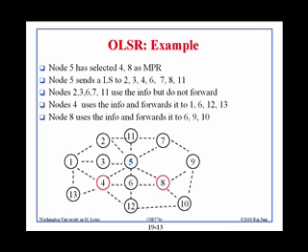What are the nodes which are 2-hop from 5? 9, 10, good. Keep going. 12, 13, and 1. Right? N1 has 7 members, N2 has 5 members. And what is in MPR? MPR set is empty. So there are 3 sets we maintain, N1, N2, and MPR.